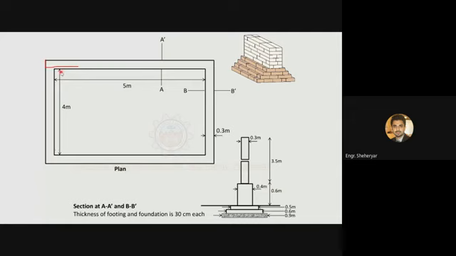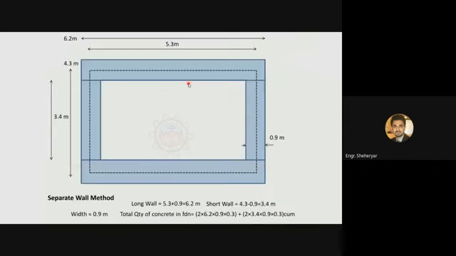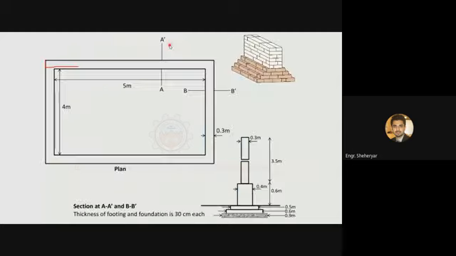So this will be 5 plus half of 0.3 for this side and half of 0.3 for this side. So 5 plus 0.3 by 2 plus 0.3 by 2 and you'll get 5.3. So 5.3 will be the center to center distance for this horizontal side. So this is the 5.3 meters center to center distance.